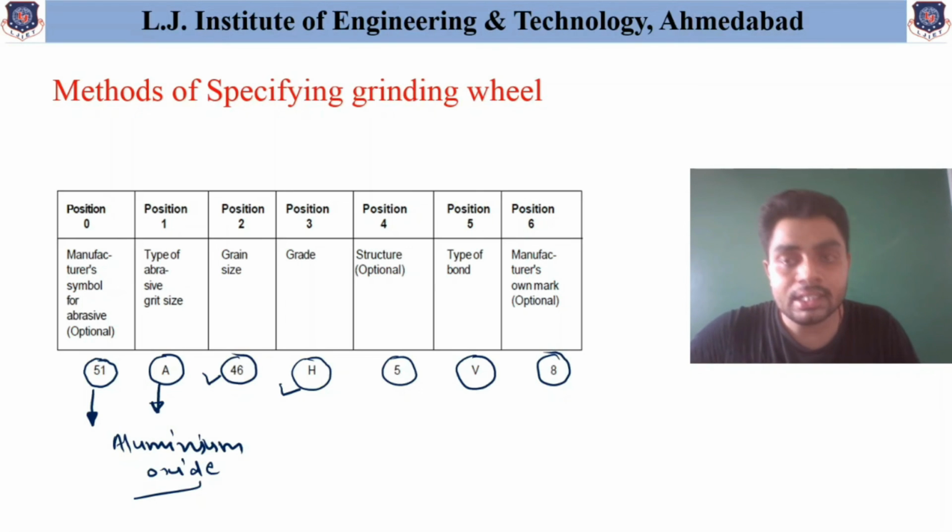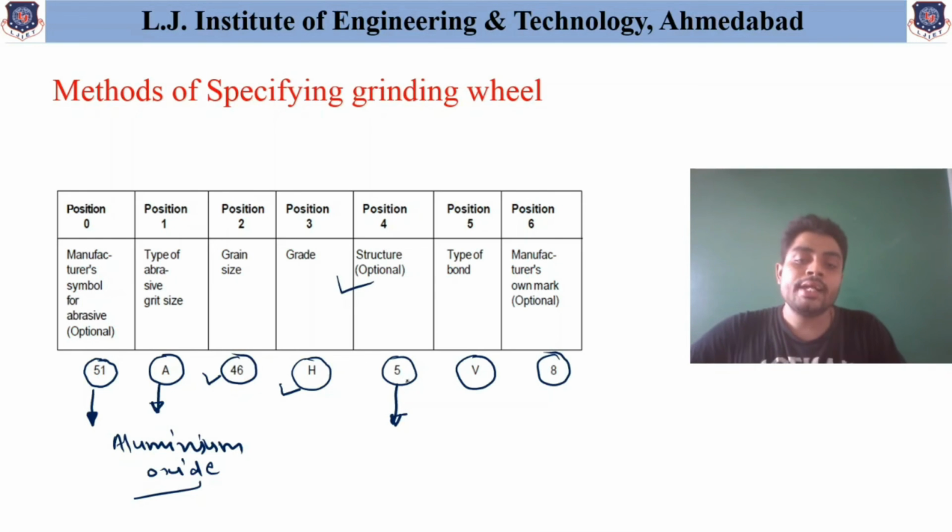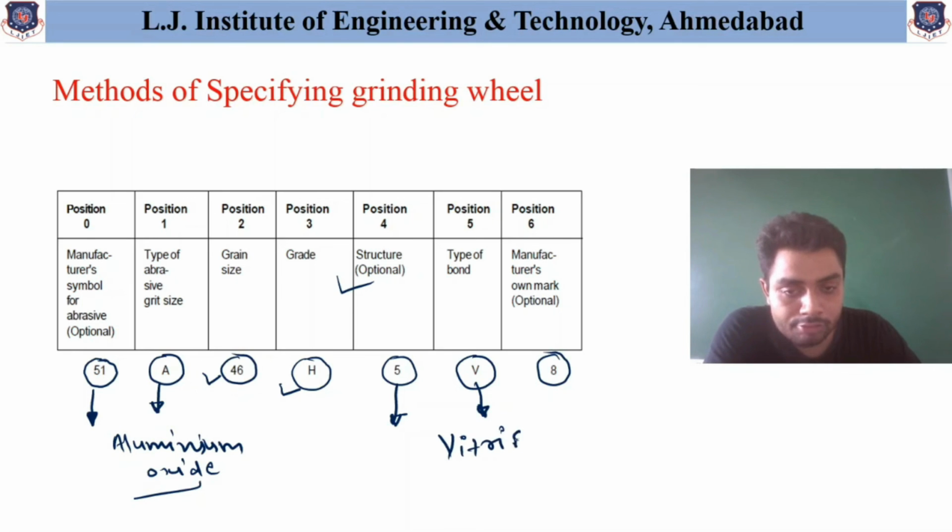So based on the notation available from A to Z, you can easily interpret. Similarly, the number 5 indicates the structure of the material, the space available between the particles. Now the next, V, indicates again the type of bond, and V is interpreted as the vitrified bond.